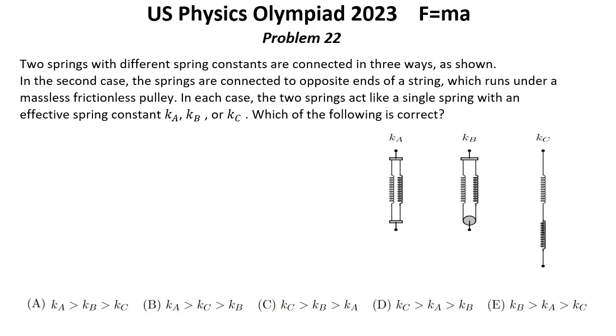The second case is not more common, but it's similar to the third case, because here we have the same force acting on each spring, but now they are connected more like in parallel.